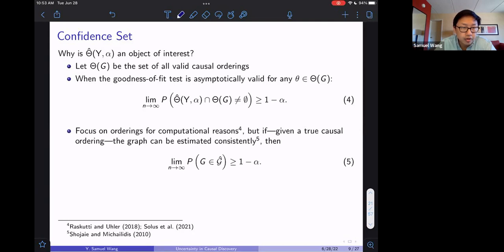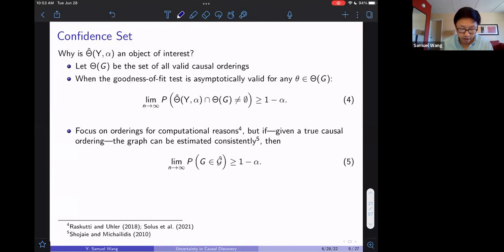I do want to point out that we focus on orderings largely for computational reasons, because the search space of orderings is much, much smaller than the search space of graphs. This strategy has been used before. But in general, consistently recovering the graph when you start with the correct causal ordering requires much weaker conditions. And so when those conditions are met, we could take each ordering in theta hat and map it to an estimated graph.